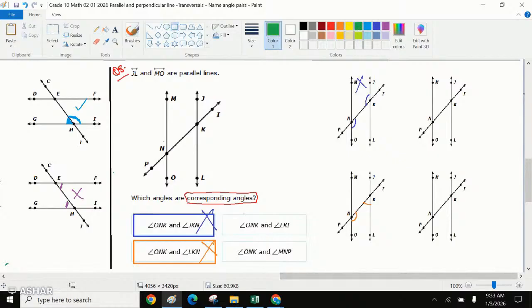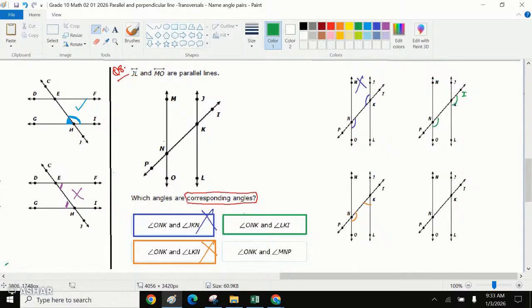Moving to the third option, we have O, N, K, L, K, I. Right?